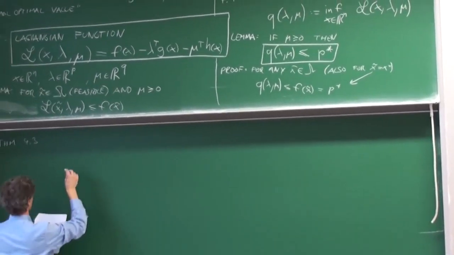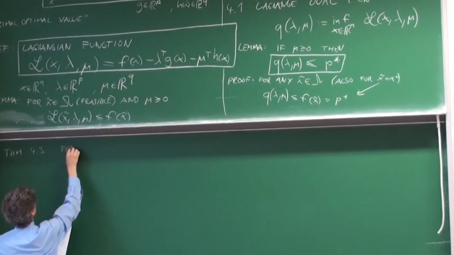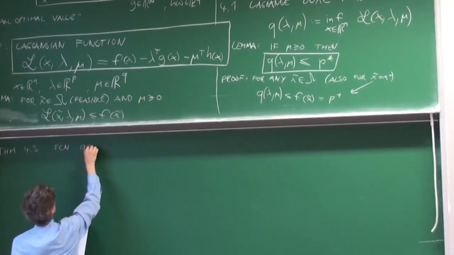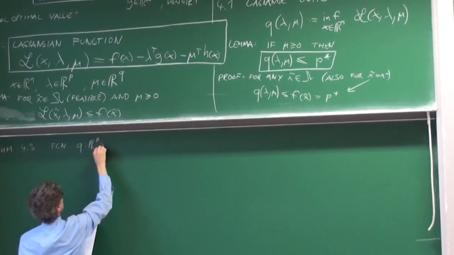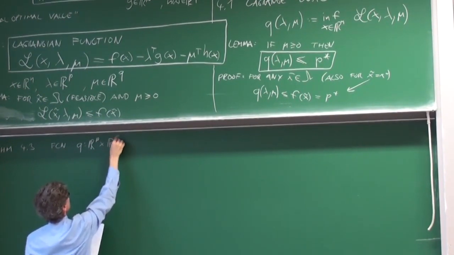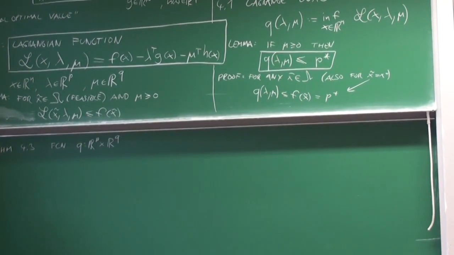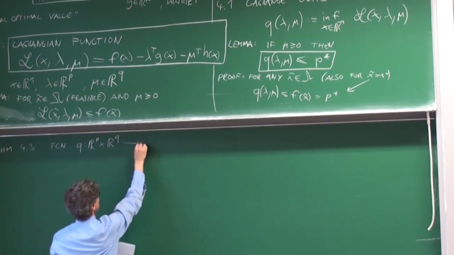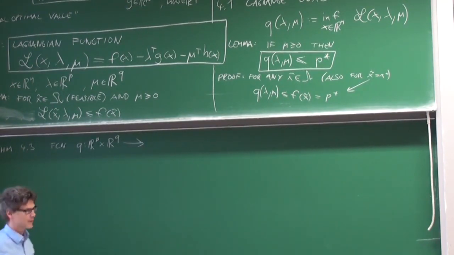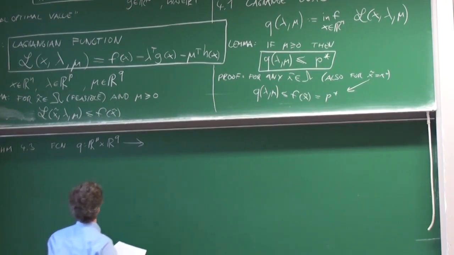It says that the function q, from Rp cross Rq, and here you see how ridiculous my notation is, I have q twice in two different contexts. But anyway, it will be recognizable from the context what it means.